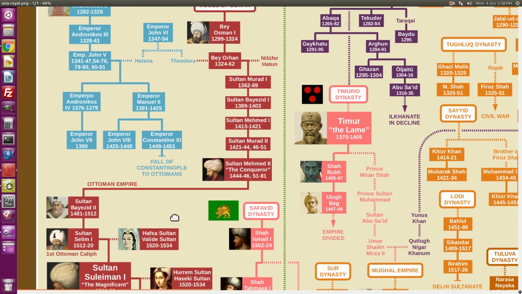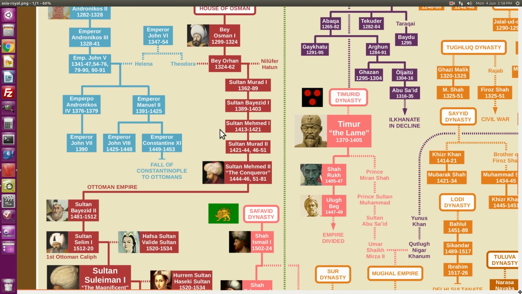It's very unlike the European dynasties, where you often run into problems where a monarch doesn't have any sons, and therefore a new dynasty has to take over either through a daughter or some more distant relative.